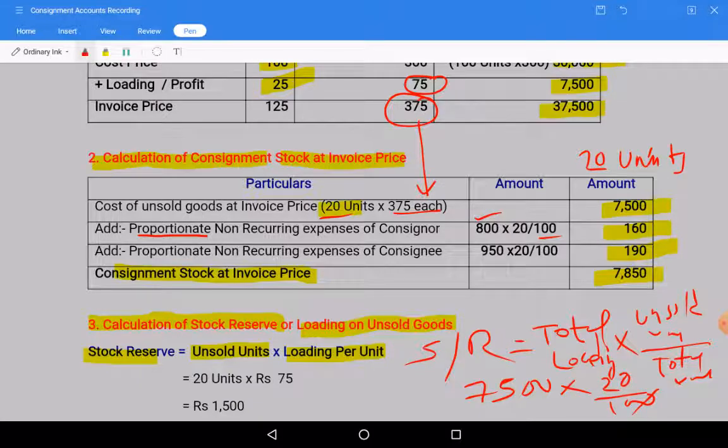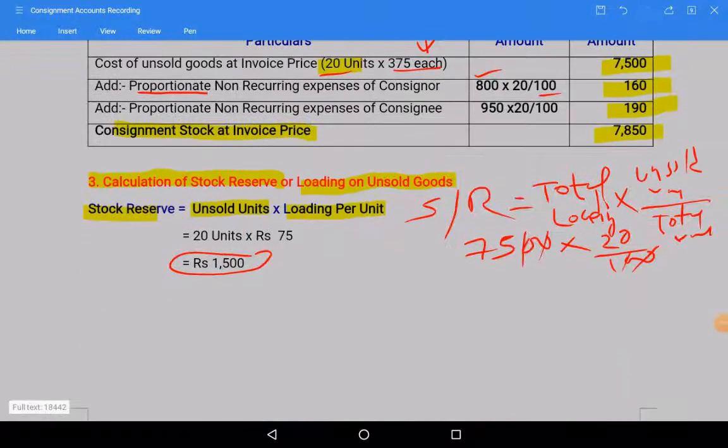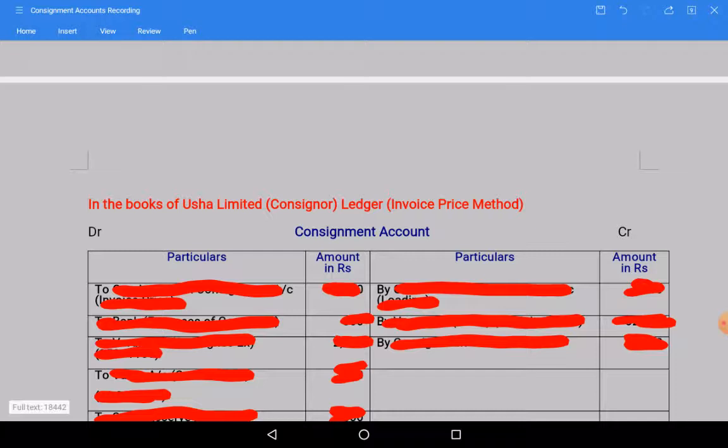So 0 here, 0 here get cancelled, here another 0 cancels. So 20 into 75, again you will get 1,500. This is another method to calculate stock reserve or loading on unsold units. So hope you have understood the working notes here. Let us do the problem now. From here on, the problem can be easily done.